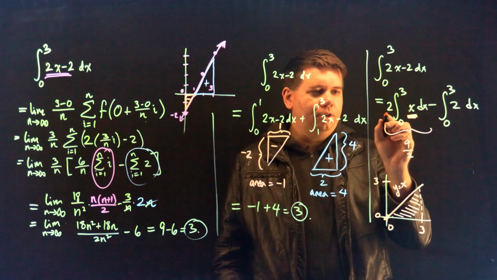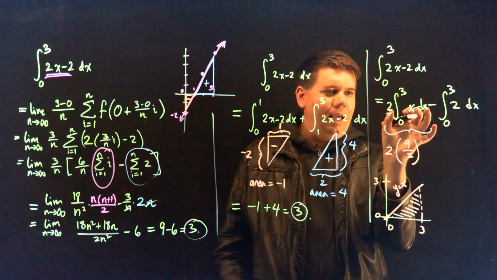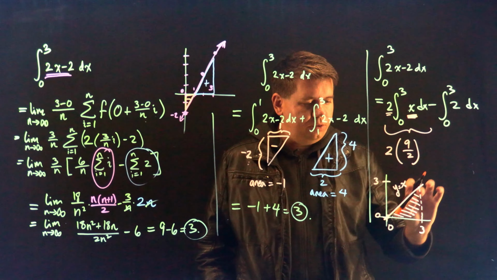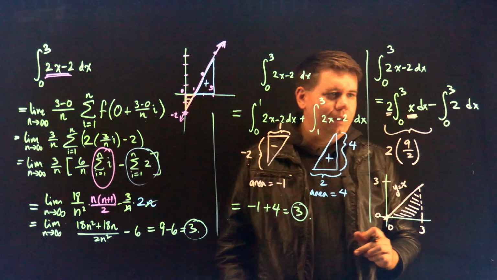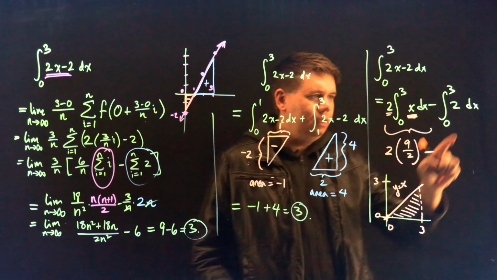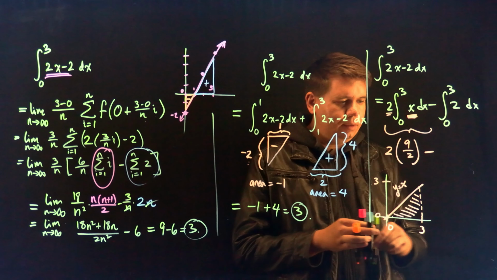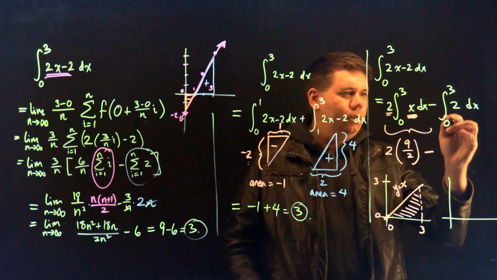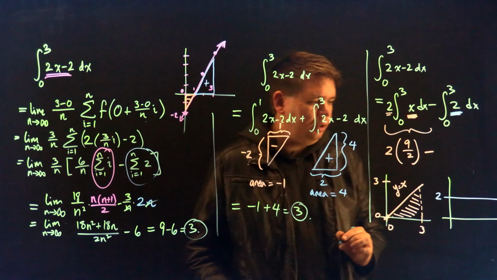But then there's this 2 out front, so I need to multiply the whole thing by 2. So the area corresponding to the line y equals x was just 3 times 3 divided by 2, because it's a triangle, 9 over 2. And then I multiply the whole thing by the 2 up front. Minus, for the second piece, I want to think about what the area under the line y equals 2 looks like. So this is some line at height 2.